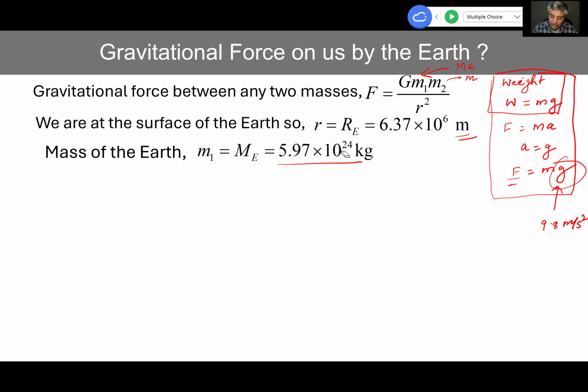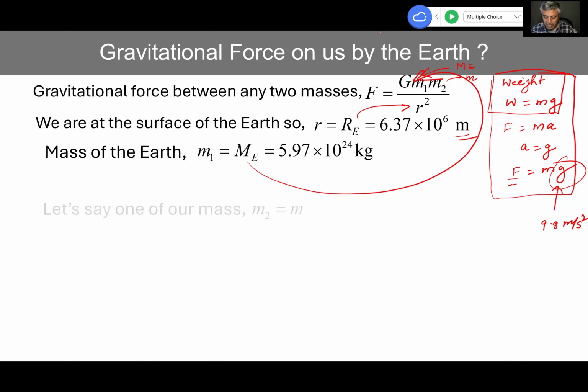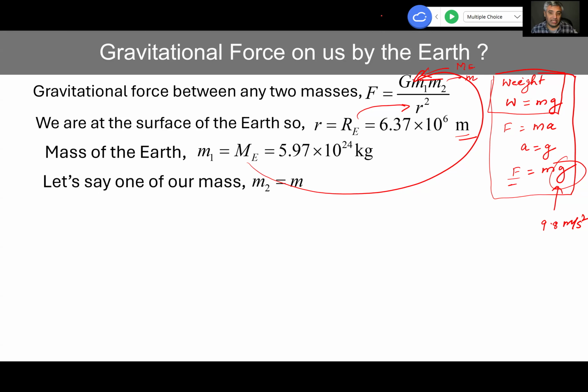So now, when we plug in this over here and this mass over here and leave our mass as just m, because if I want to find force of gravity on me, I need to use my mass. If you want to find yours, then you need to use your mass. So I'm leaving that mass as simply m.